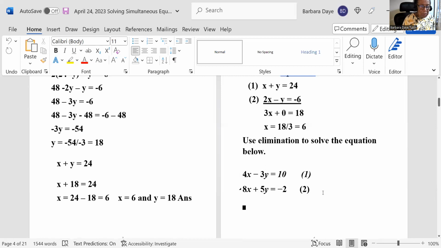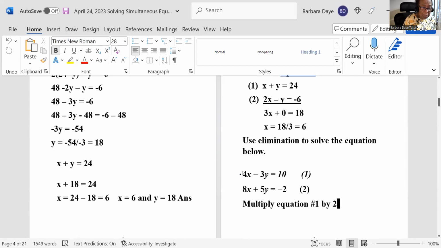So let me just put that here. Multiply equation 1 by 2. Now remember, I say you multiply the entire equation. That means 2 times the whole thing.